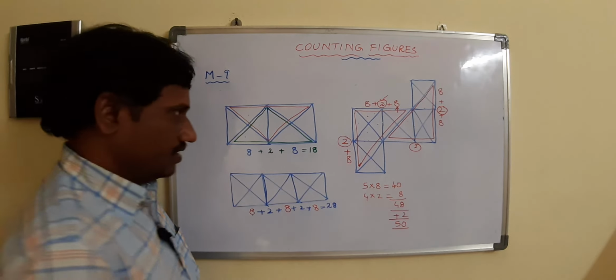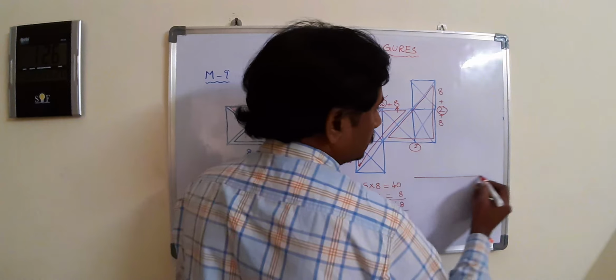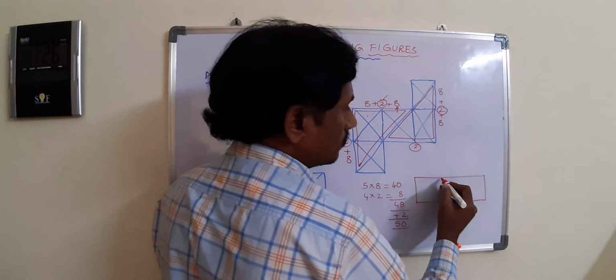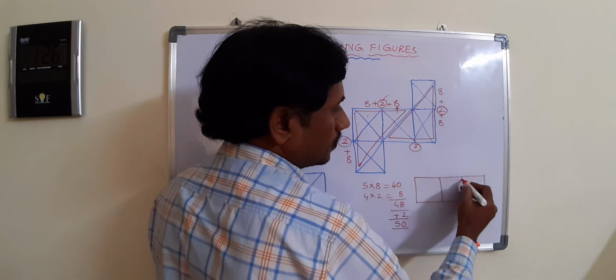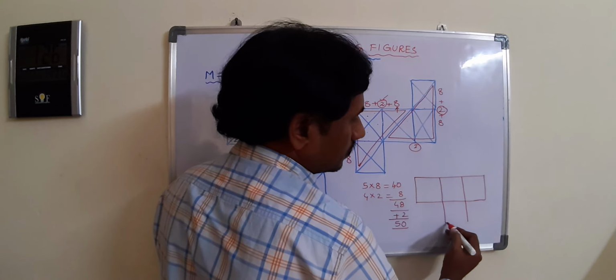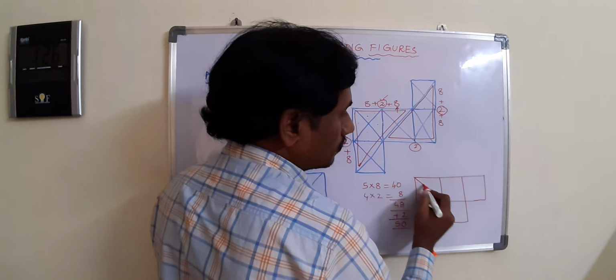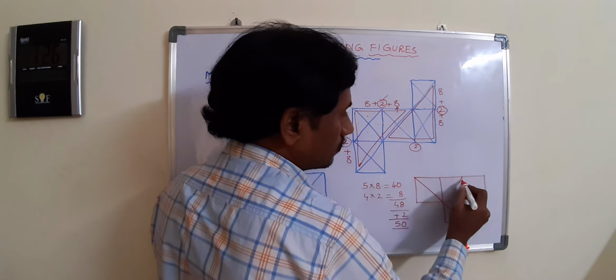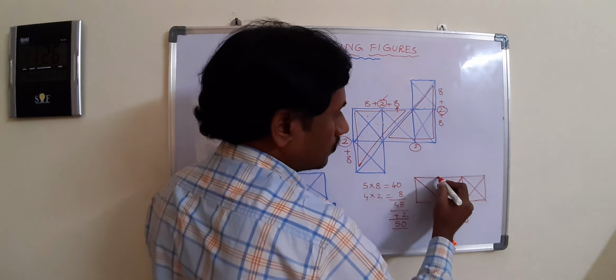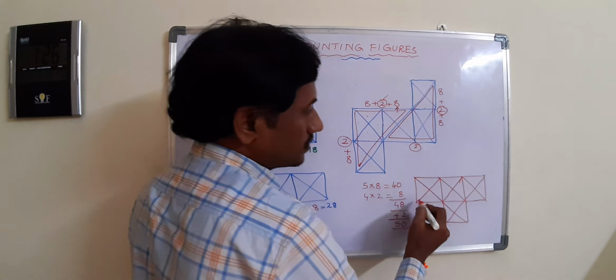And sometimes they will ask the question like this also. Now they will give a square here. How many triangles are there in this?